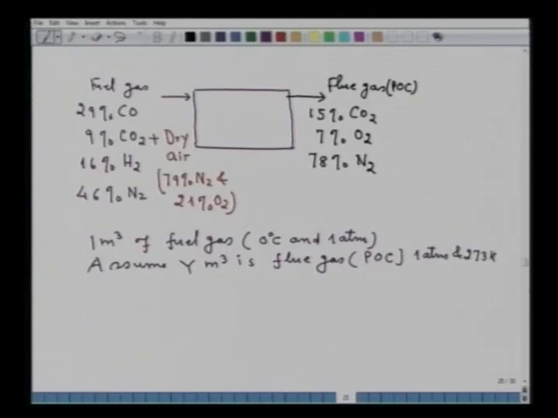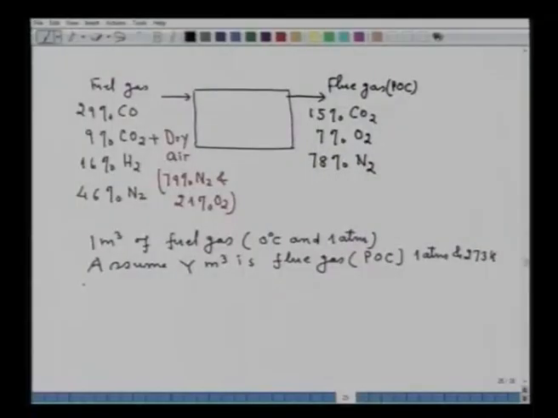That is what we are assuming for calculation. Now, in order to calculate the volume of flue gas or products of combustion, we have to do a carbon balance. So, I will make the carbon balance. Let us perform it, you perform along with me, the carbon balance.